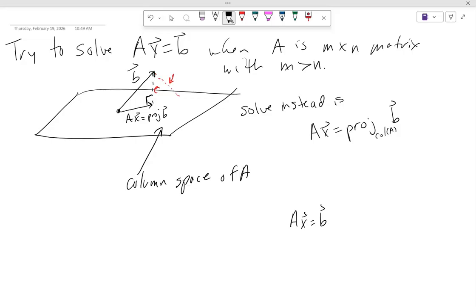So to turn this into a square system, what do we do to both sides? Multiply by something. What do we multiply by? The transpose of A, right? We took A transpose A, X equals A transpose B. And we gave this a name. What name did we give this? Those are the normal equations. Good.